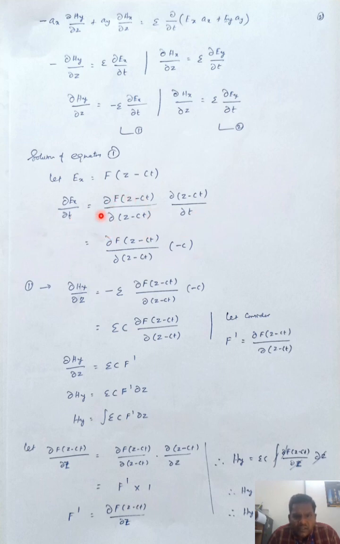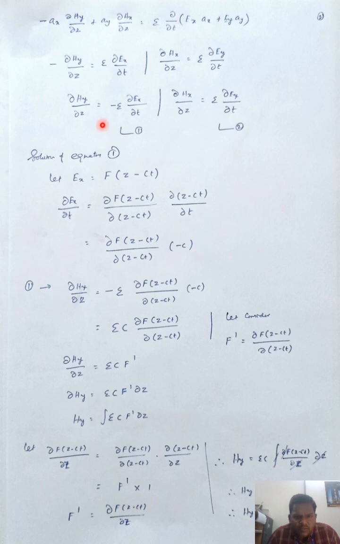There will be no change in this rational value, so I am keeping the numerator and the denominator as they are. The partial derivative with respect to t leads us to minus c into ∂t/∂t, and the differentiation of t becomes 1. So minus c into 1 becomes minus c.